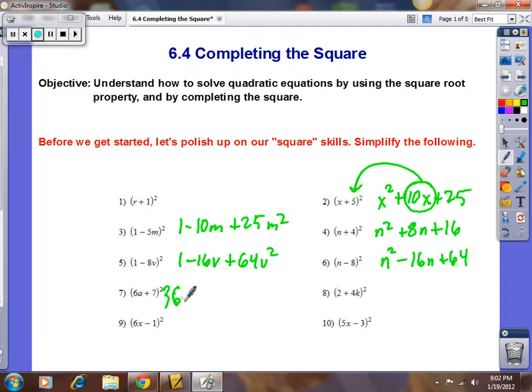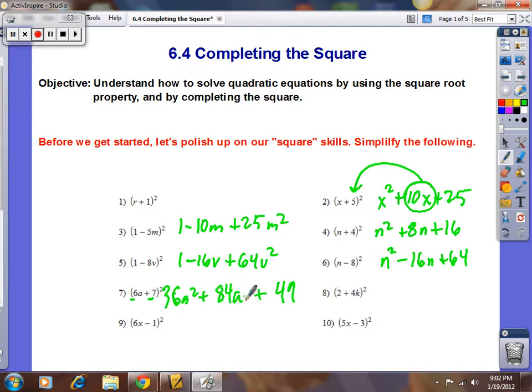So it's going to be 36a squared. My middle term is the hard one. The last one comes from your last term times itself, 7 times 7. So the last term is 49. The middle one, you actually take 6 times 7, and that's 42, and then you add it to another 42, so you're going to have 84a.